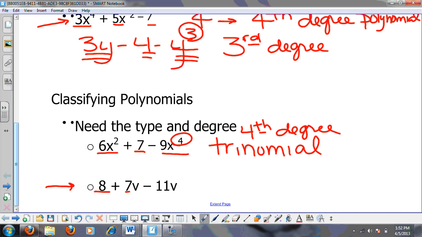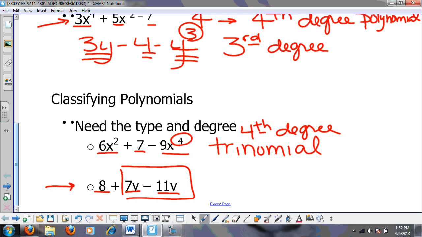What about this one? 8 plus 7b minus 11b. A little bit of a problem here. We have two terms that have the same variable degree. So we probably need to combine like terms here before we can determine what degree it is. Because as it is now, it looks like a trinomial to me. But I can simplify 7b minus 11b.